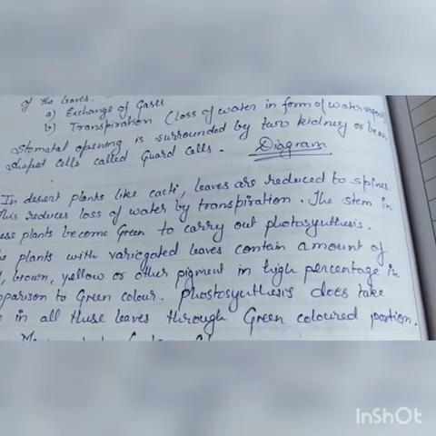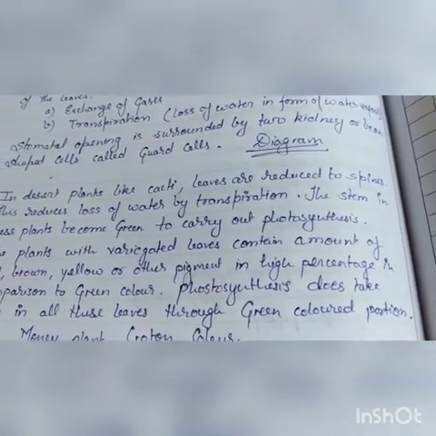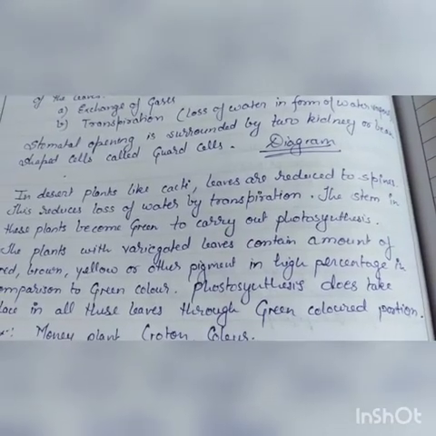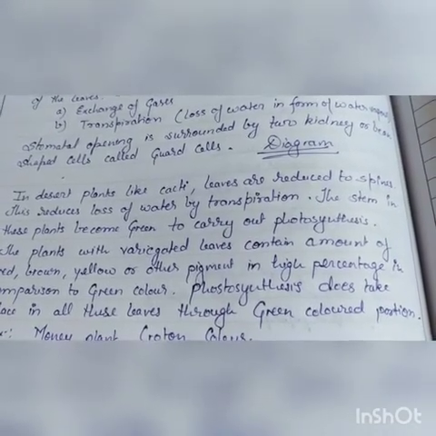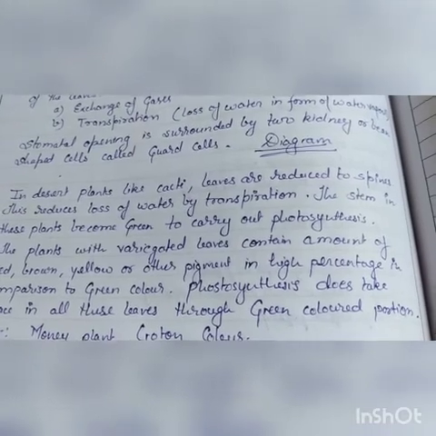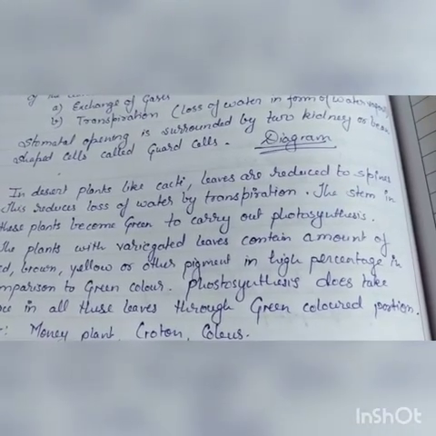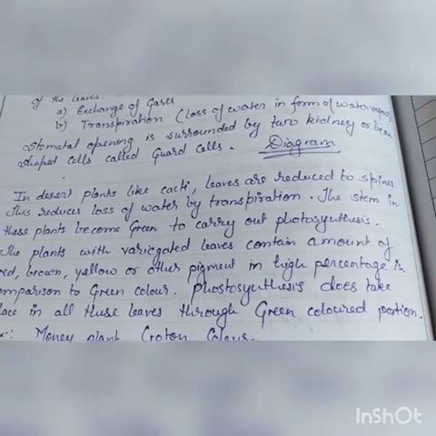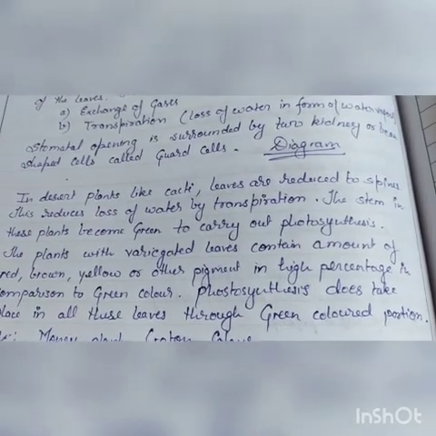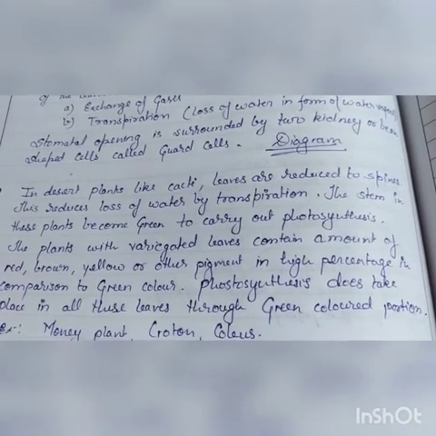See, in the desert there is already very little water. So if they had leaves, what would happen? Leaves would have stomatal openings, and they would keep on releasing water continuously, there would be excess loss of water and the plant would die.